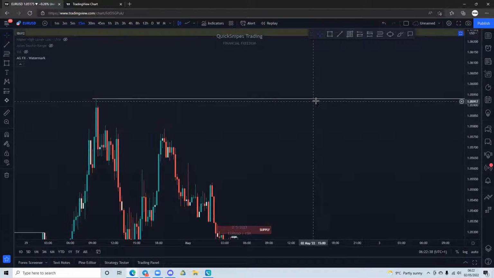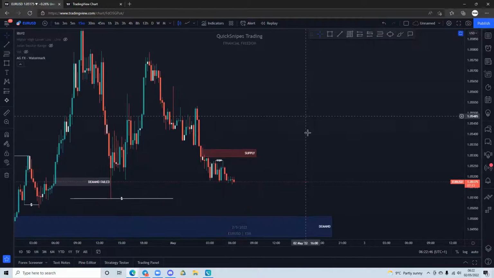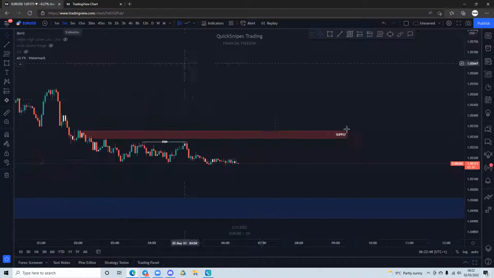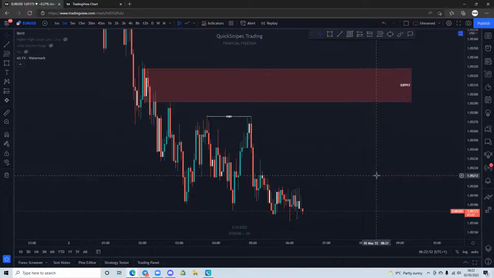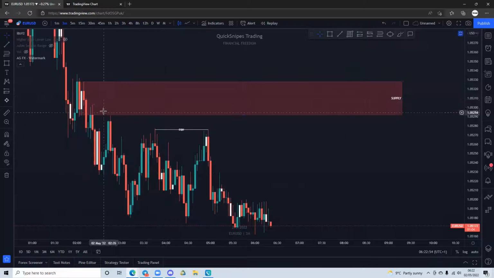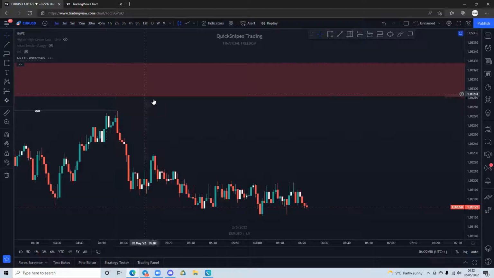However, I'd only put my take profit here. There's also imbalance here, so I need to be careful with my take profit, and that will be reviewed later on. And the other trade I'd be looking at is on the 3 minute. We'd be looking to take sells from this area. If we drop to the 1 minute, we might be able to see something.